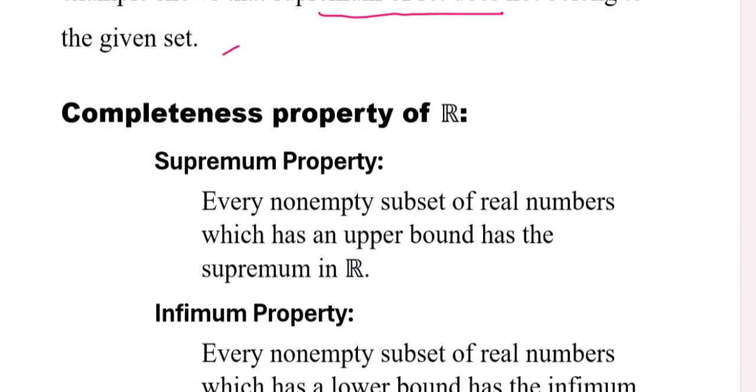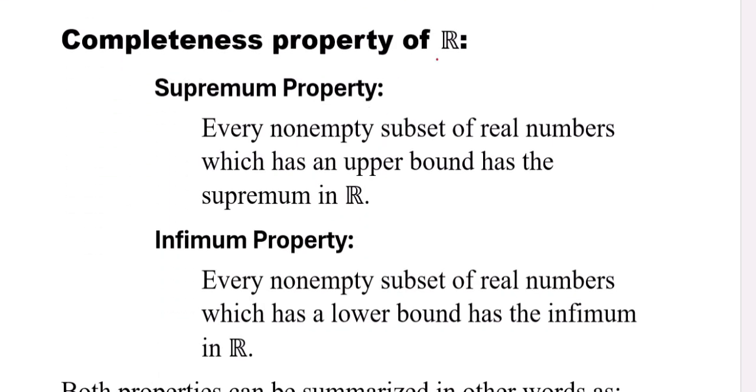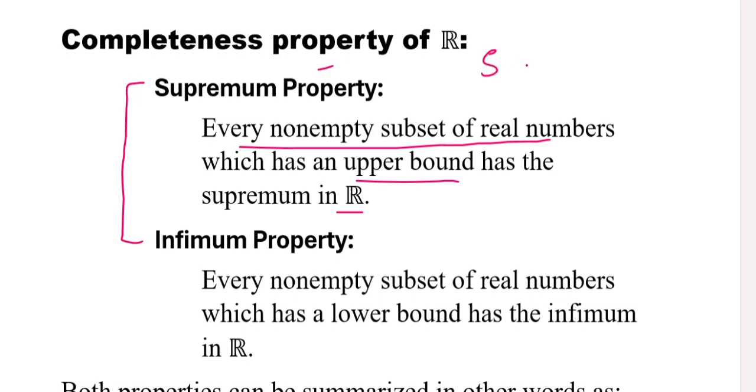Next, the completeness property of R. This property consists of two properties. The supremum property. What is the supremum property? Every non-empty subset of real numbers which has an upper bound has a supremum in R. For example, in the above example, you can notice that S is a set of the first 20 natural numbers, clearly S is a subset of real numbers.